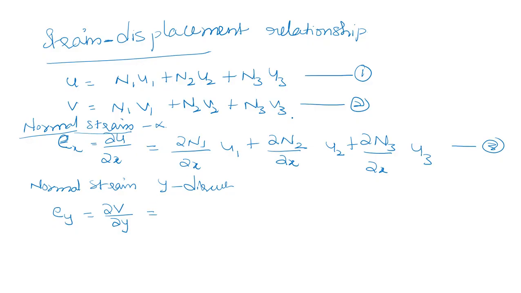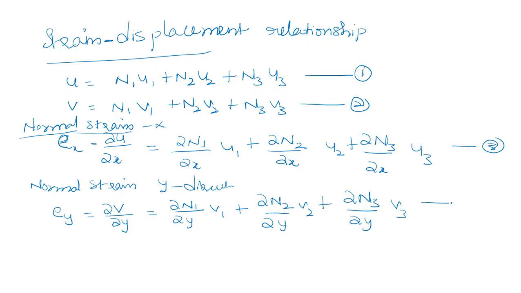Equation 2 says that v function in y direction is equal to dou N1 by dou y v1 plus dou N2 by dou y v2 plus dou N3 by dou y v3. This is equation 4.